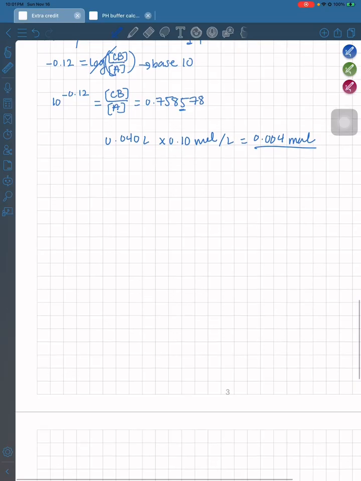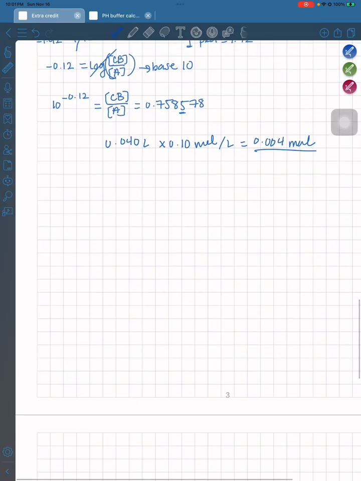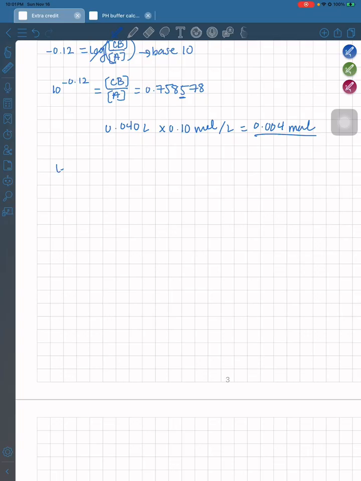And moving on, we need to approximate the volume of NaOH. So how much NaOH will we be adding to this titration? I'm going to have X equal to moles of my sodium hydroxide added.